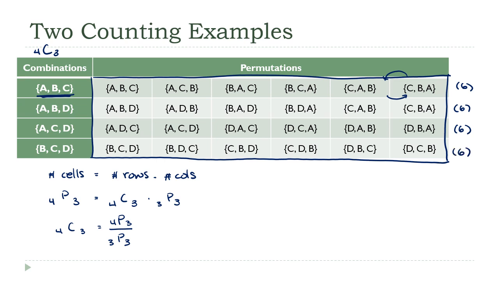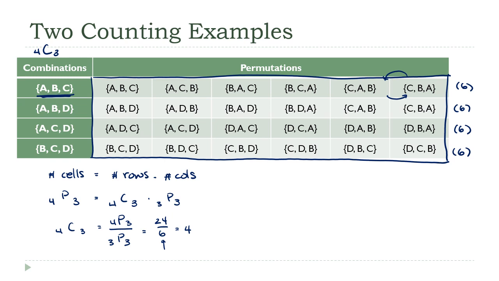So in a sense, the permutation formula is overstating the number of combinations by a factor of 6. So when we factored out, let me write this here, this is 24 divided by 6. When we factored out these extra 6, we got down to the actual result that we needed.